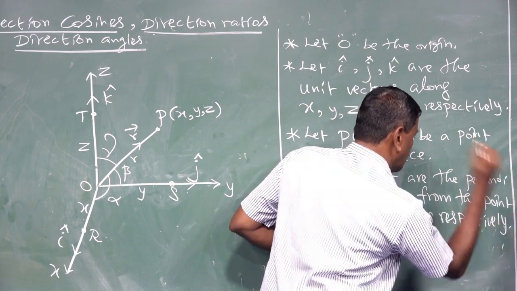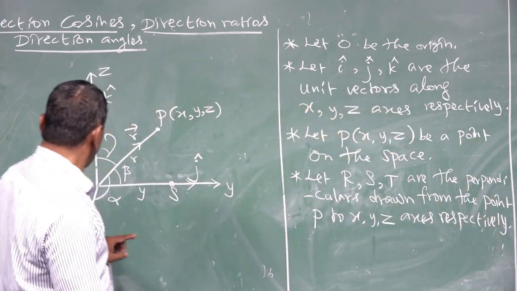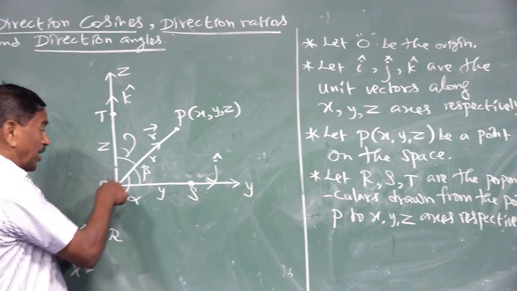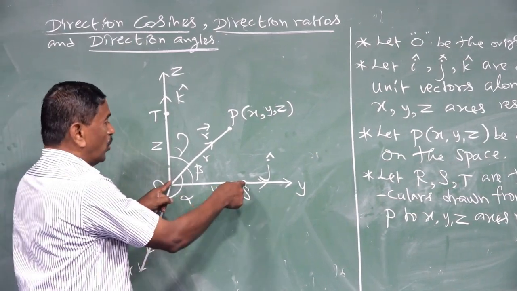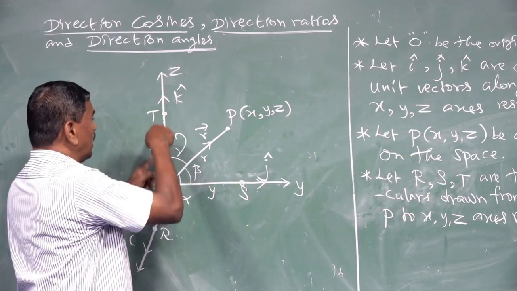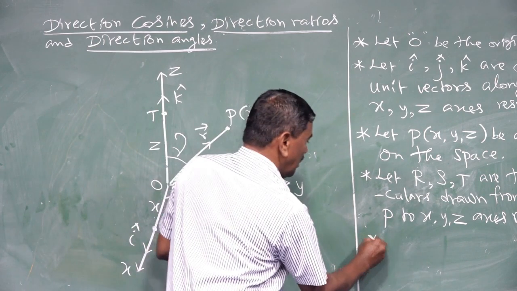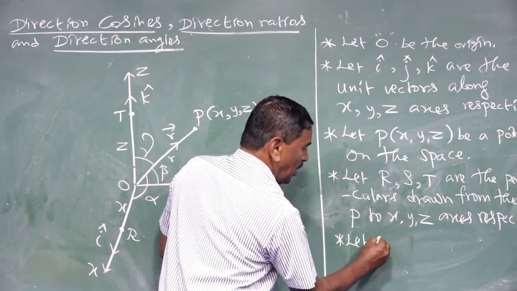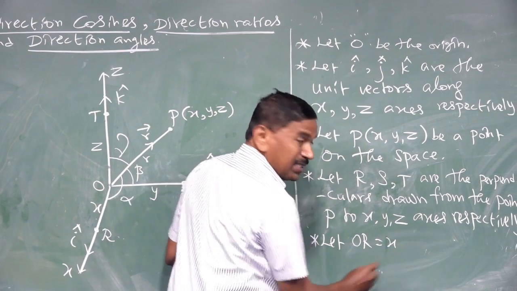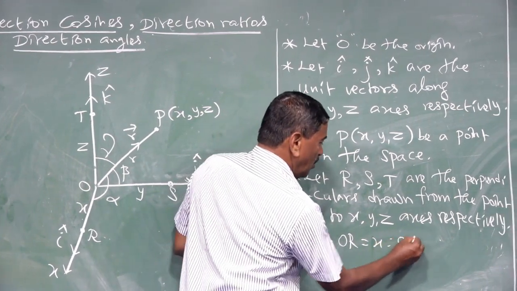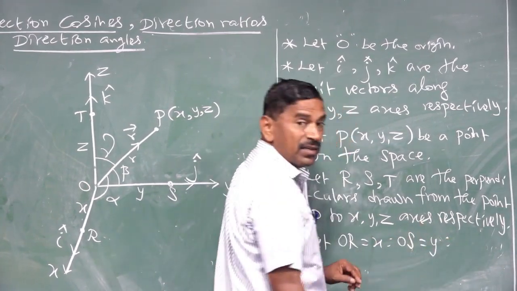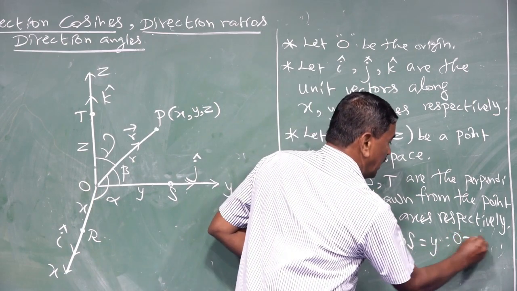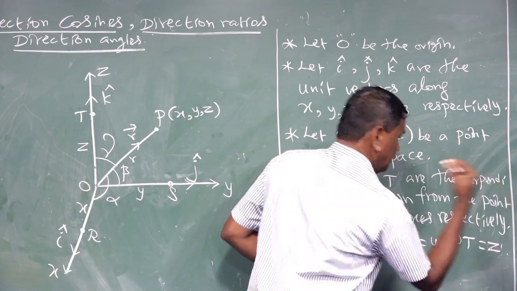Now listen, the distance OR is equal to x, OS is equal to y, OT is equal to z. Now let OR be equal to x, OS equal to y, OT equal to z.